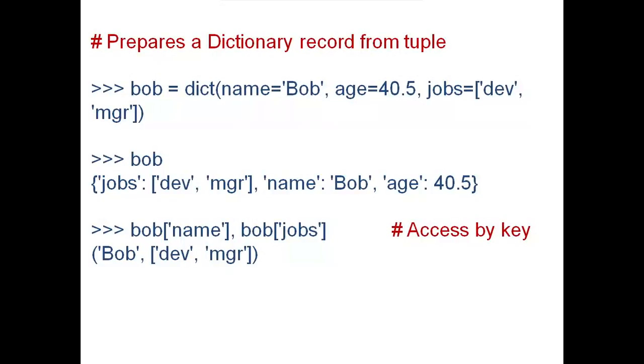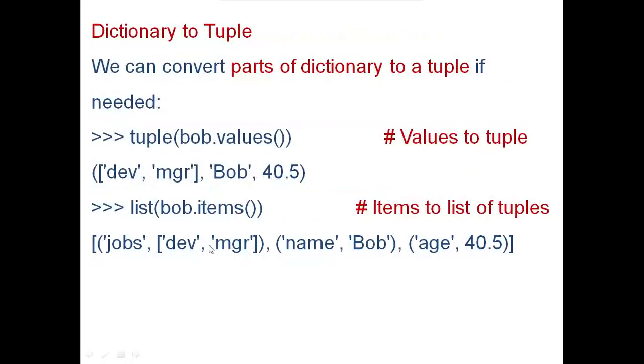For each item in the dictionary, we will have a pair of values, and the first value is called key and the other value is called value, and they have a mapping, key and value pair, right? So you see here, when I say bob['name'], I get the name of the person Bob, and bob['job'], I get the jobs, whatever, that is a list of values, right?